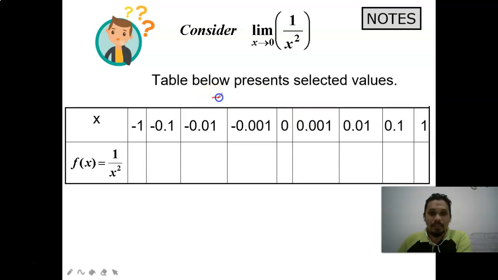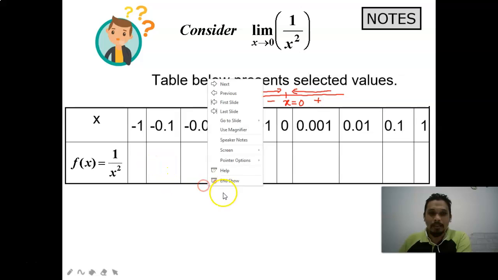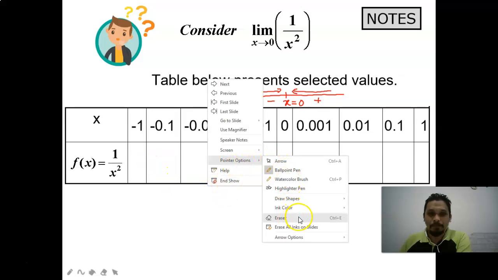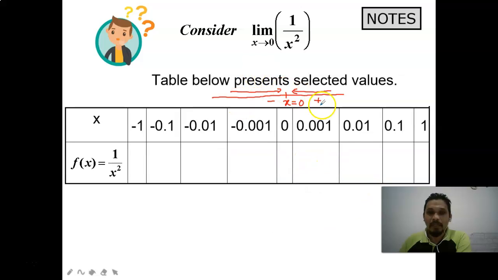This is an example, the number line where x equals 0 here, and just imagine the value of x approaching 0 from the left and approaching 0 from the right.